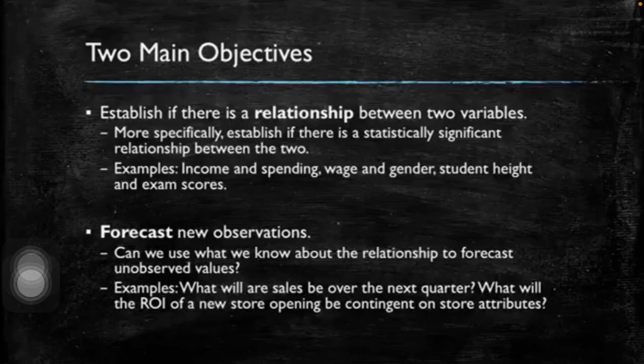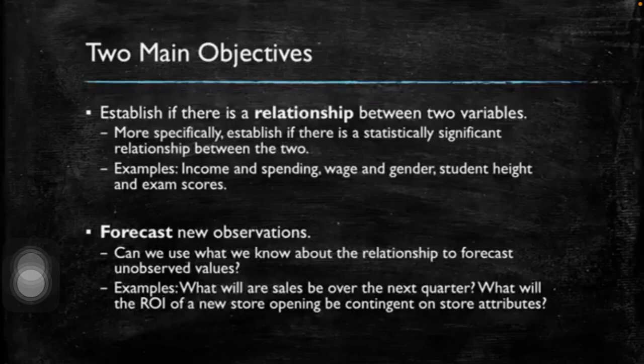What income an individual has, what his spending is, and what income he has left after spending. All this information, all the relationship between income and spending, can basically be explained with the linear regression model.